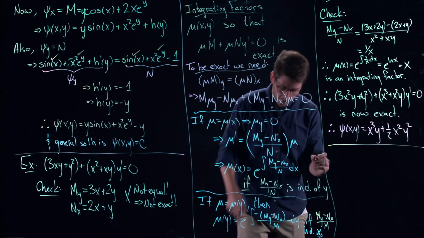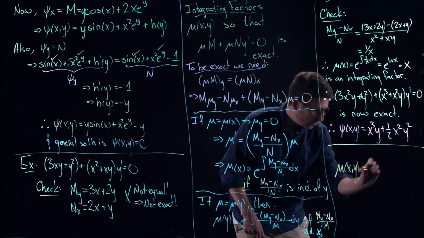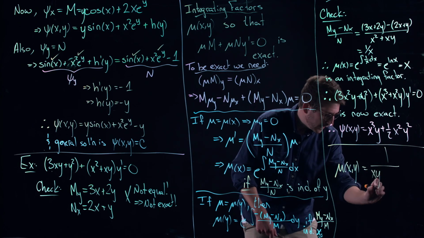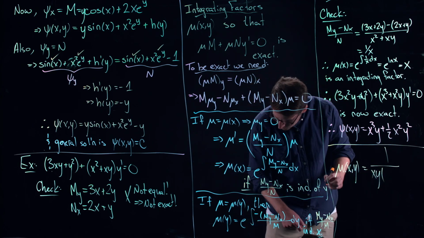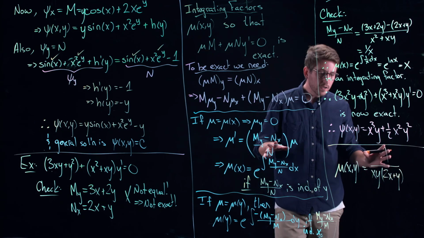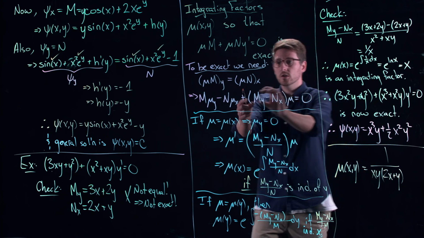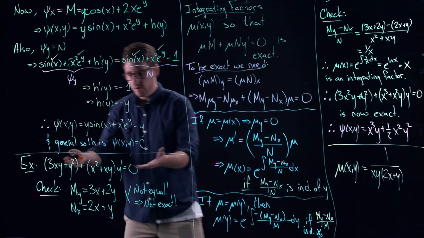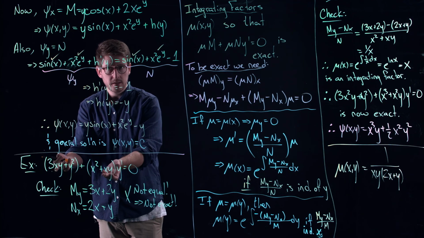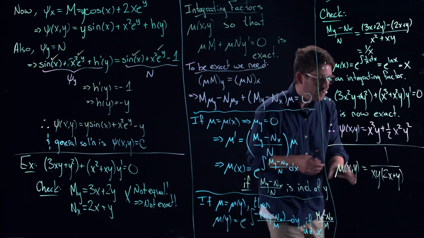You could also find that mu of xy equal to 1 over xy times 2x plus y. Okay, so very, very complicated looking function. Technically, that function is a solution to this partial differential equation using this M and this N.